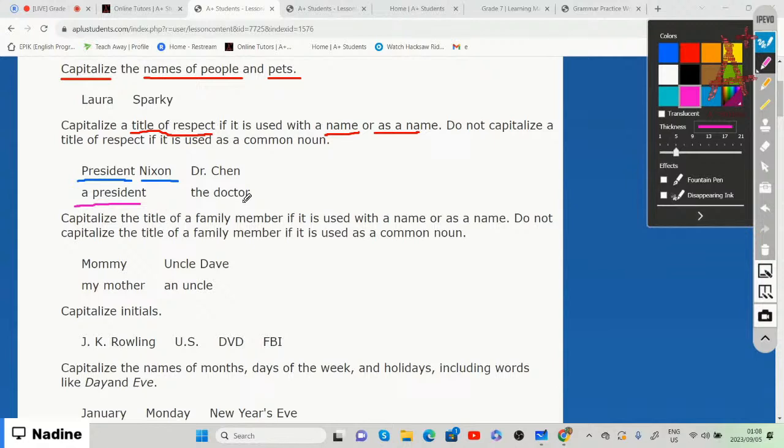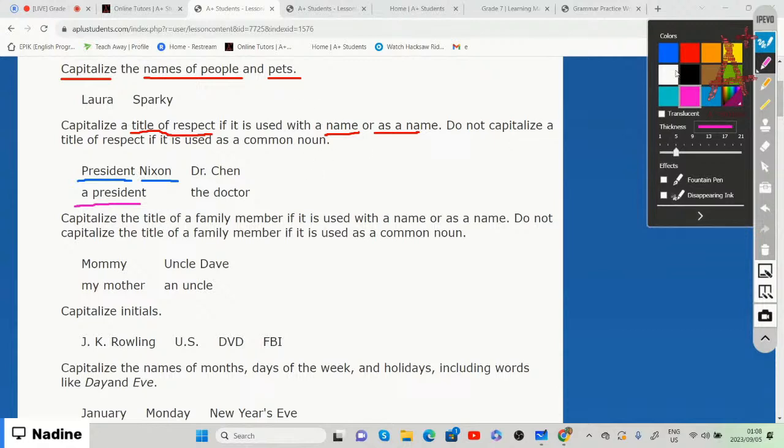We are only saying a president or the president, but we're not putting a title to it. Once we put a title to it, for example, President Nixon, President Obama, that is when we put the title of respect as a capital and capitalize it. So the P for president and the first letter of the name and its whole name, right?